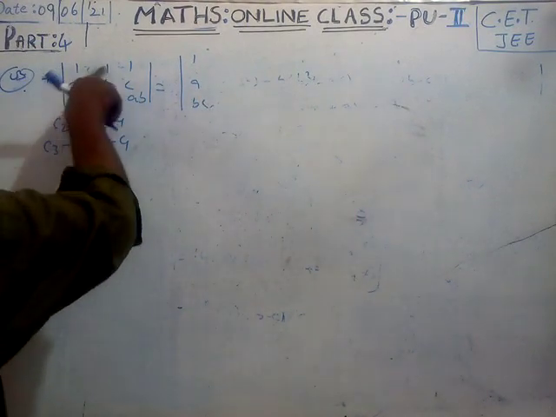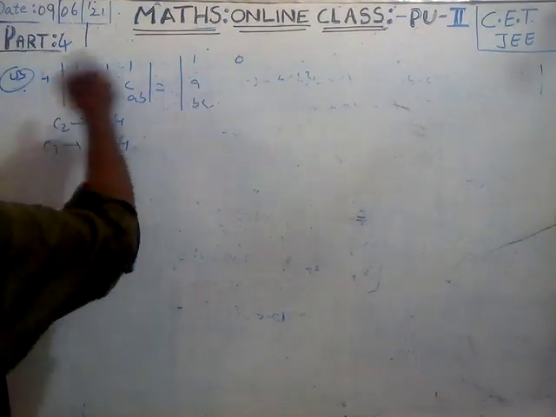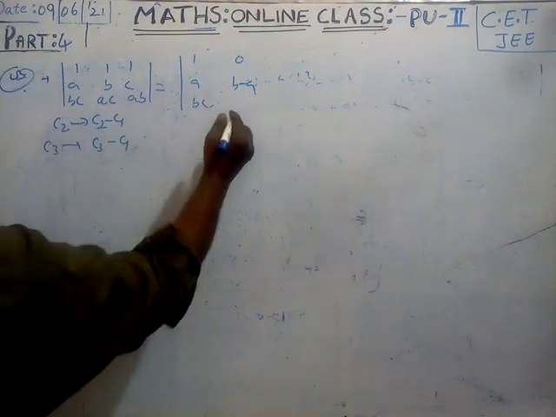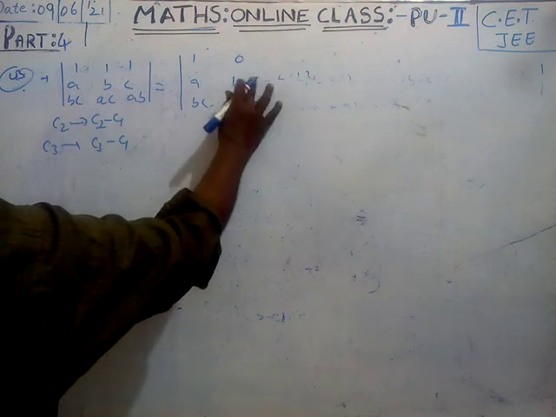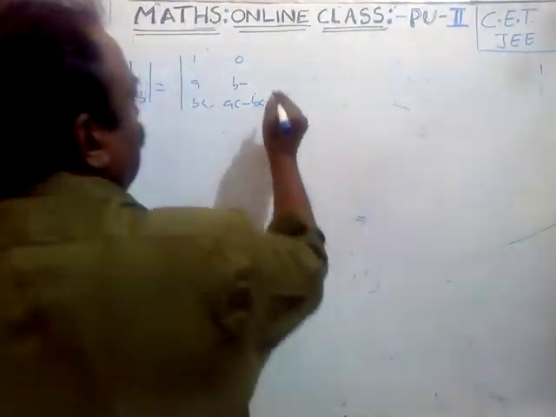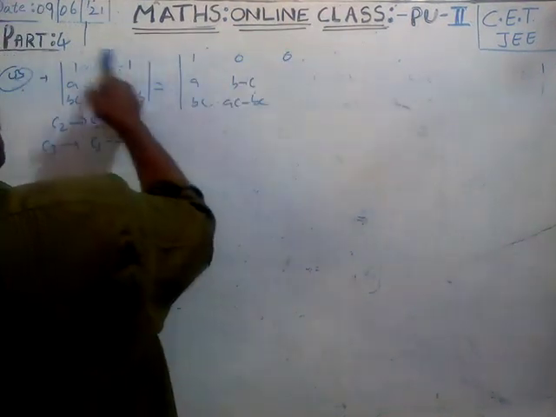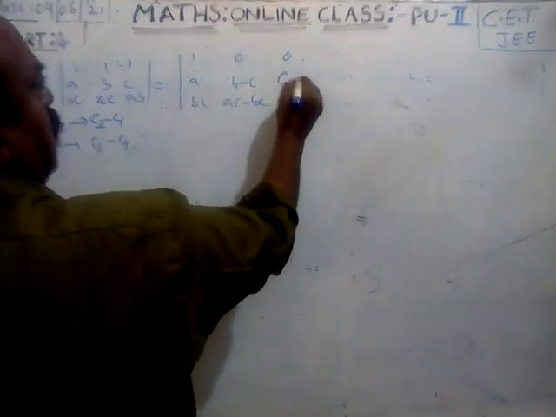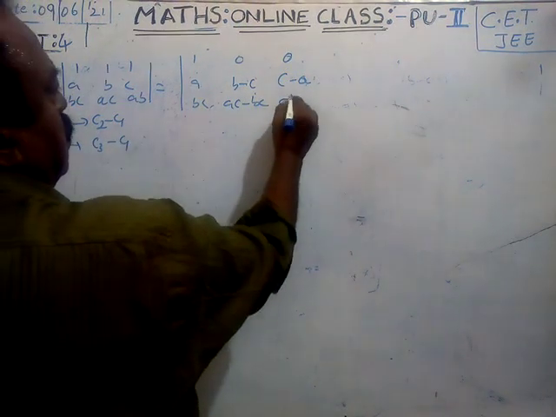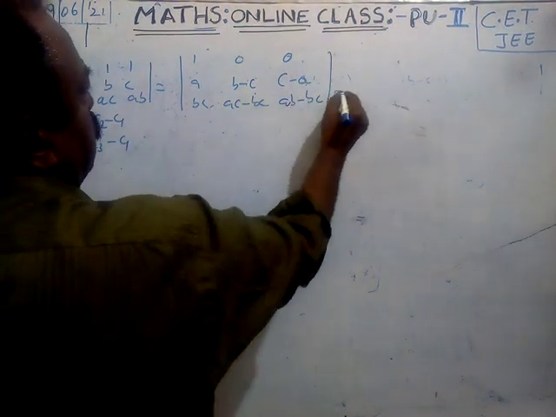What is C2? 1 minus 1 is 0, B minus A, and here AC minus BC. Again 1 minus 1, C minus A, and AB minus BC.